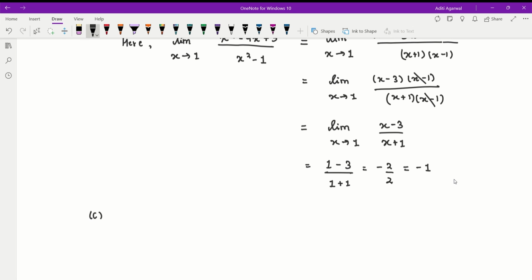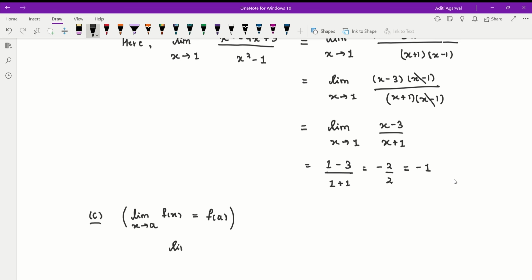Now the third condition that we have to satisfy for a function to be continuous, that situation was कि limit x is tending to a, f of x की जो value आनी चाहिए, it should be equal to the value of the function at that point.